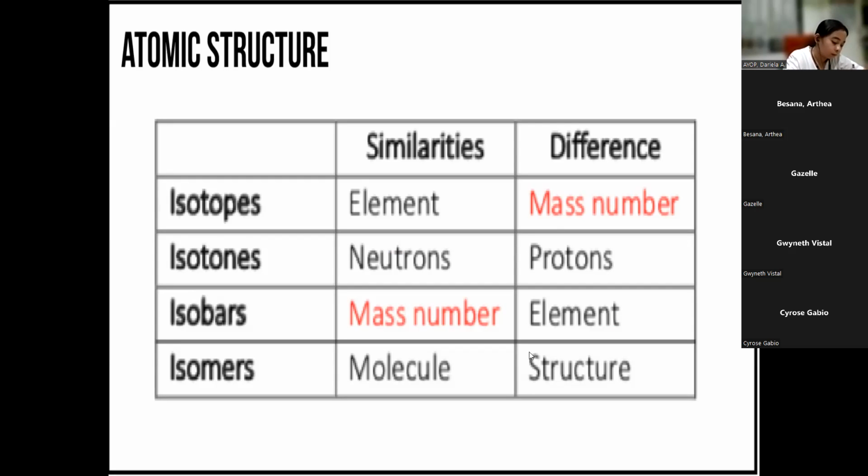They have different mass number, or different atomic weight or atomic mass. Let me give the class an example of isotopes. We have hydrogen. We have what we call protium, deuterium, and tritium.